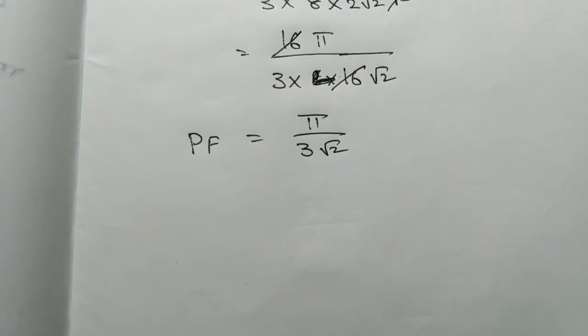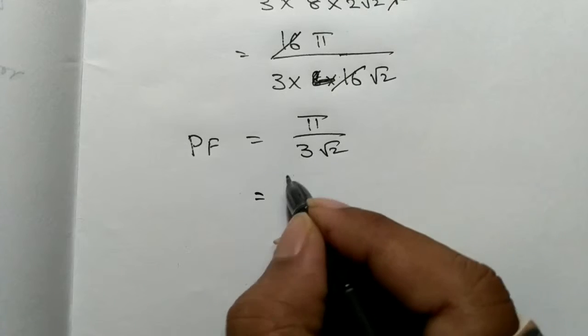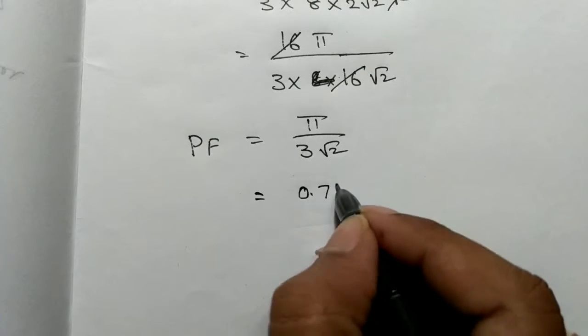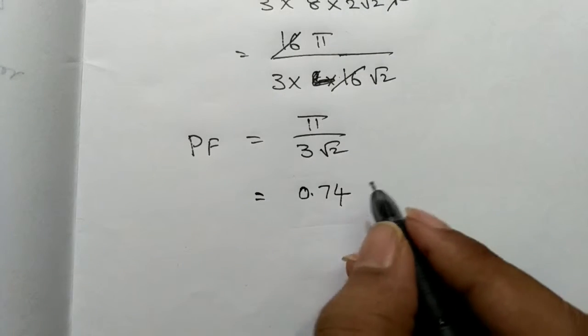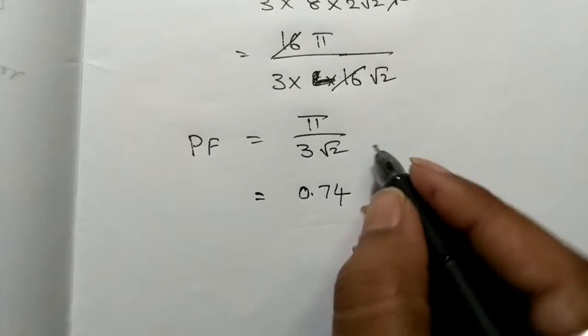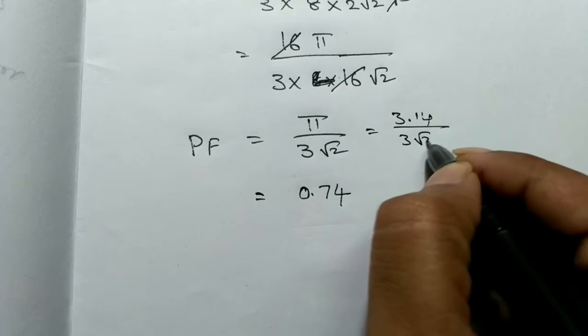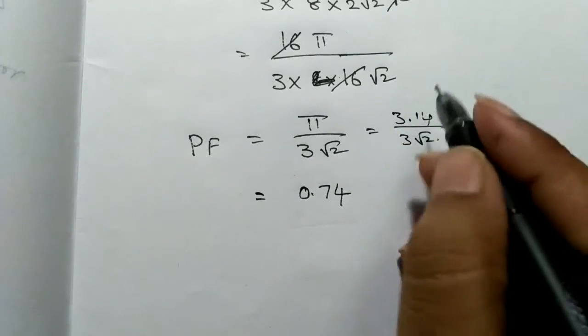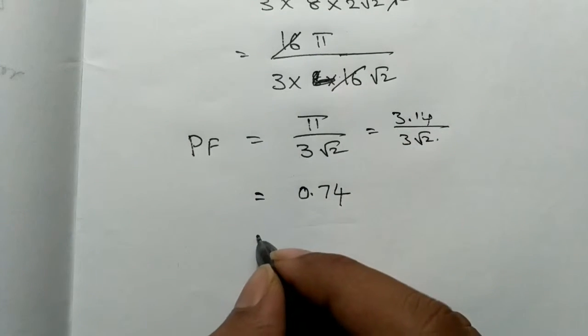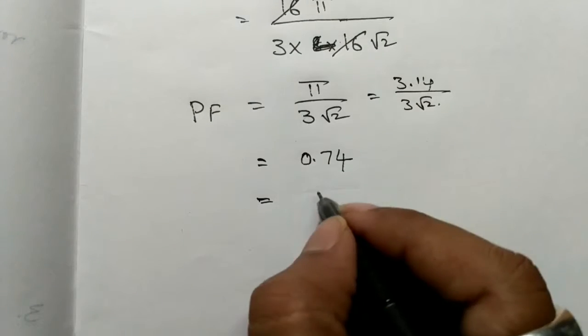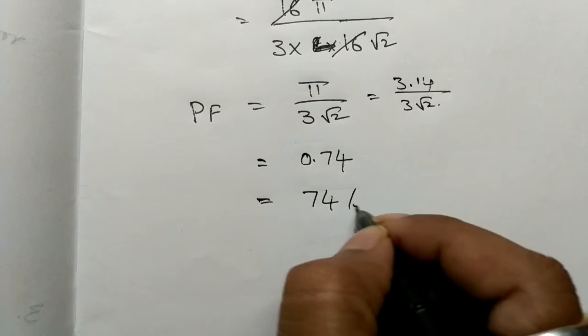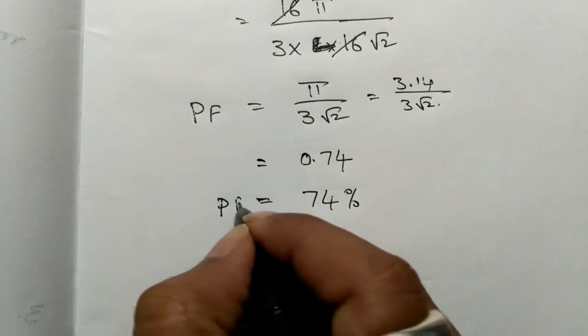Packing fraction is equal to 3.14 divided by 3 root 2. By calculating this, it is 0.74, or 74%.